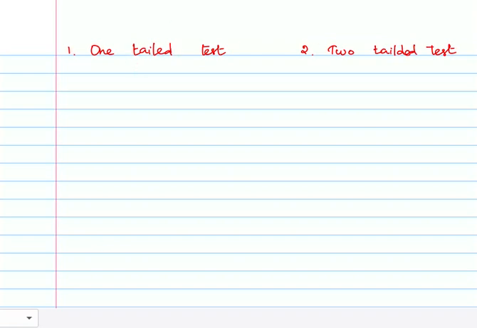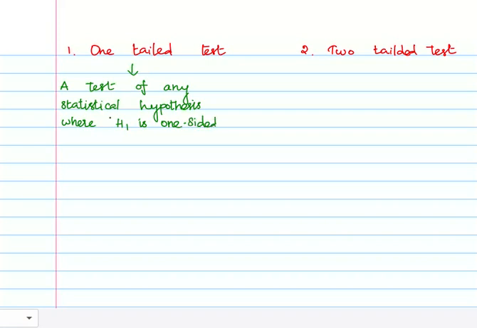A one-tail test is a test of a statistical hypothesis where our alternative hypothesis H1 is one-sided.